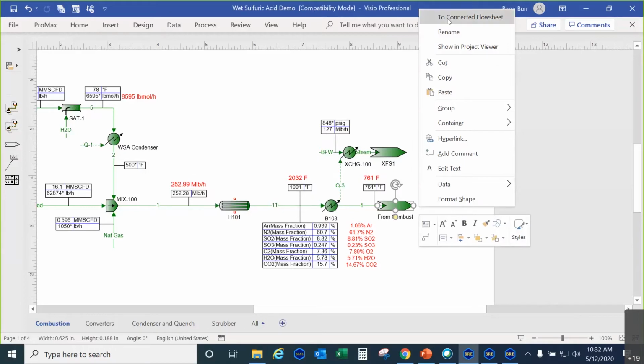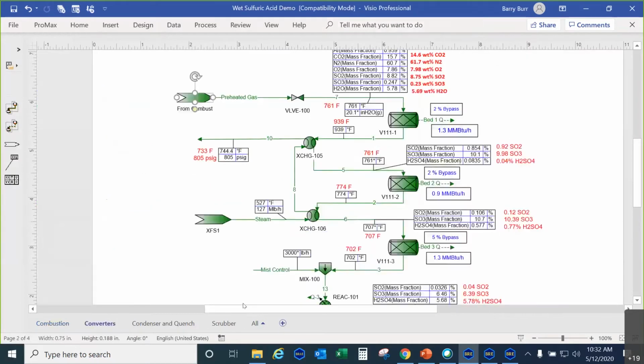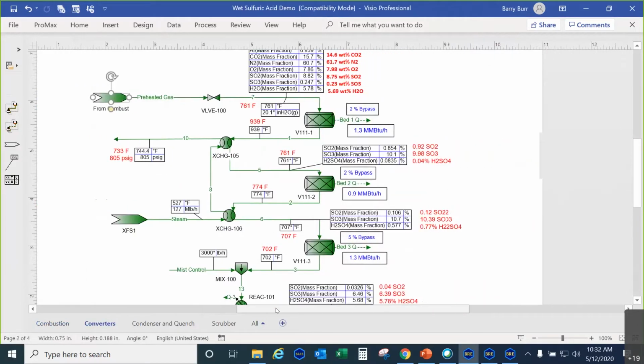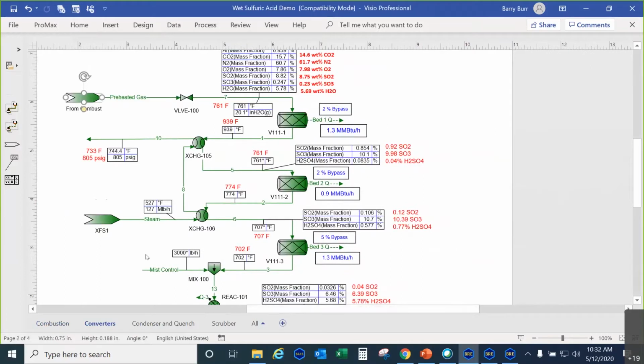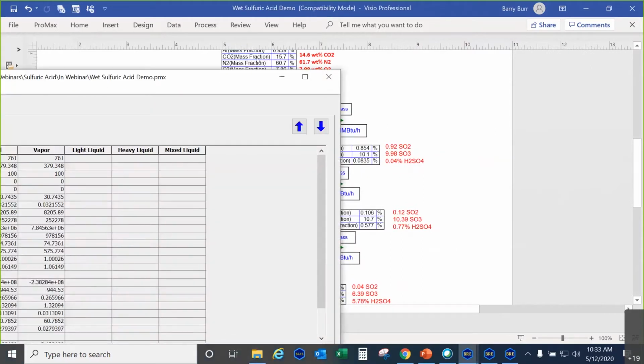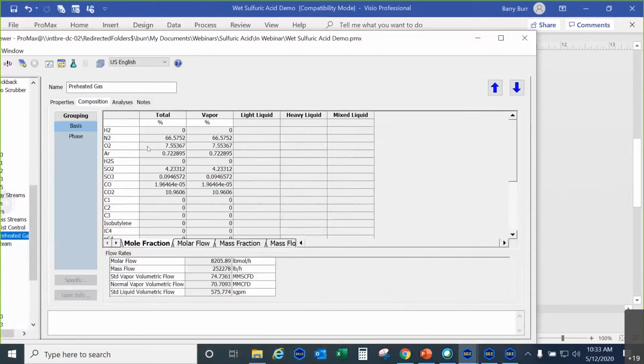And here is our SO2 rich gas. We now go to the catalytic system for this SO2 rich gas. It has water: SO2 is 4%, water is 10%.